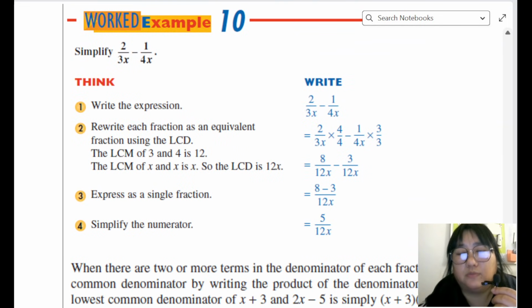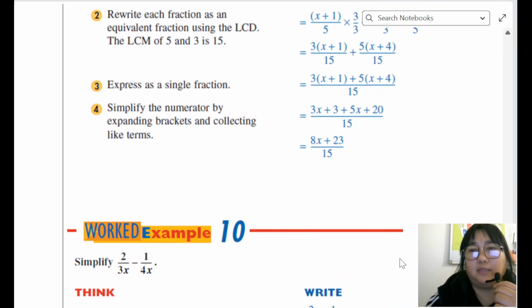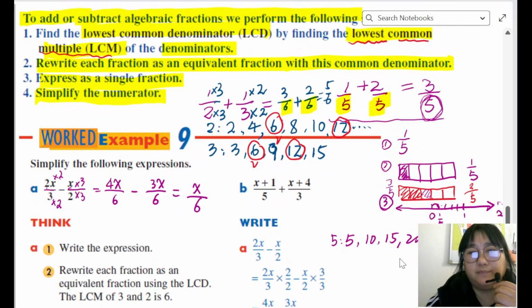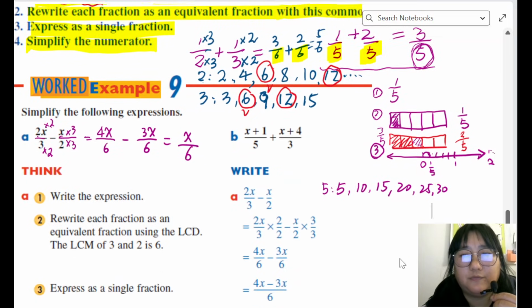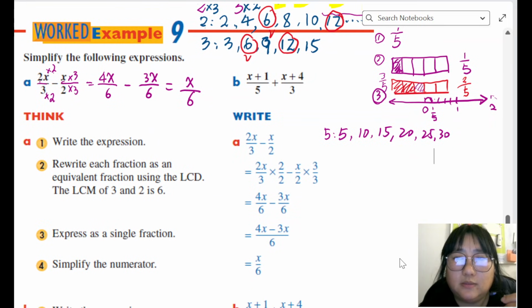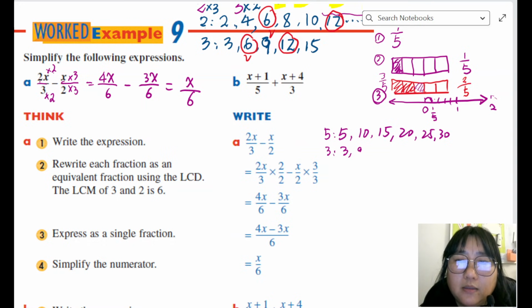I can keep on writing as many as I can, but it's already enough to go to 30. And for 3: 3, 6, 9, 12, 15, and then 18, and so on.